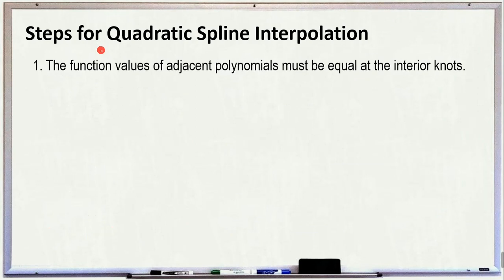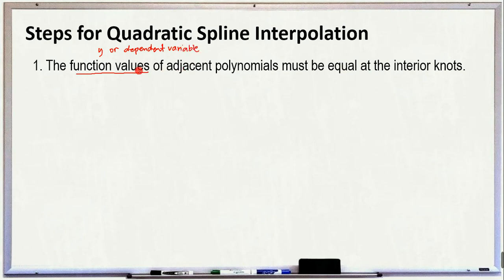So ingon diri, the function values of adjacent polynomials must be equal at the interior knots. Siguro naglibog mo ani. When we say function values class, ang pasabot ani is ang y or the dependent variable.